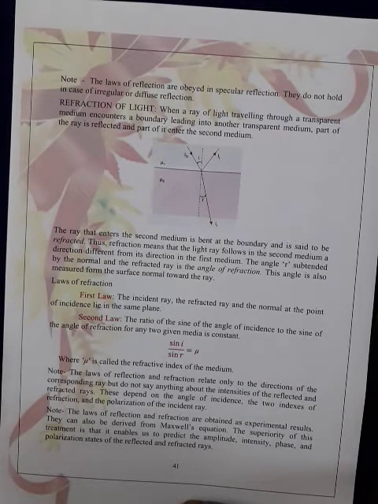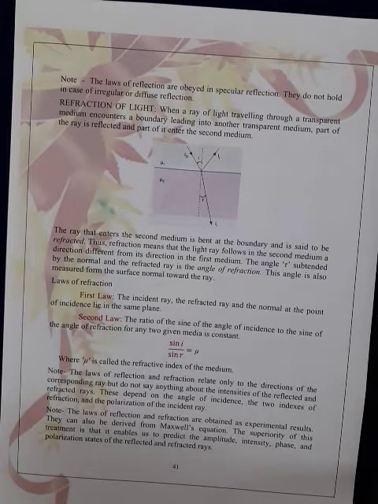Thus, refraction means that the light ray follows a direction in the second medium different from its direction in the first medium. The angle r subtended by the normal and the refracted ray is the angle of refraction. This angle is also measured from the surface normal towards the ray.